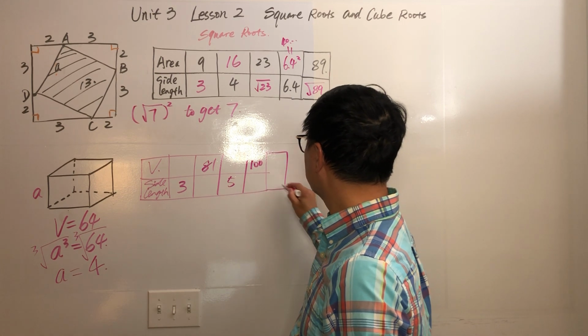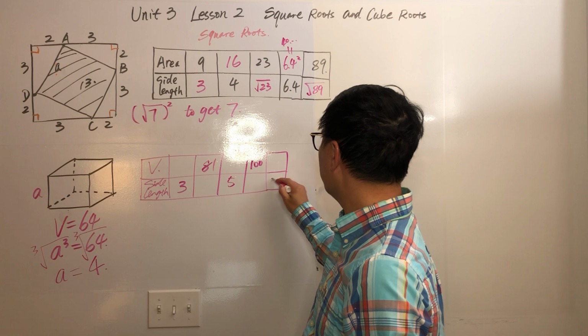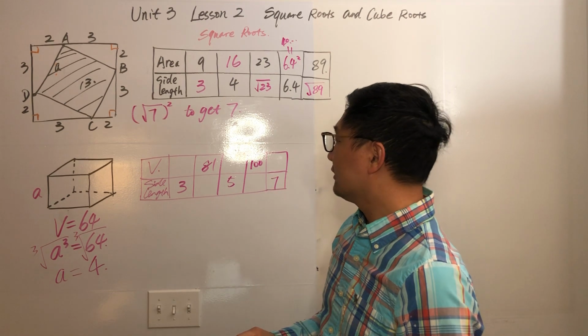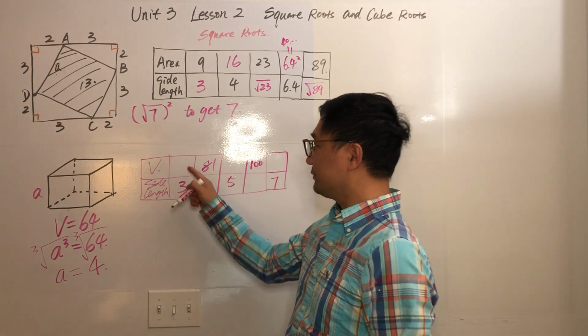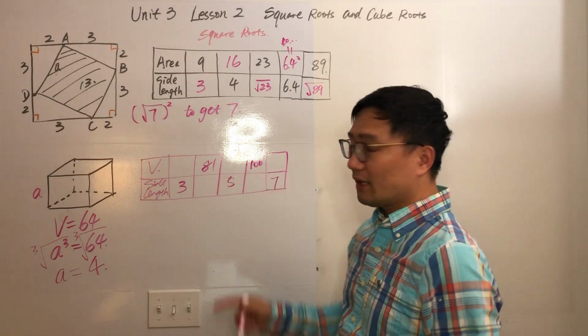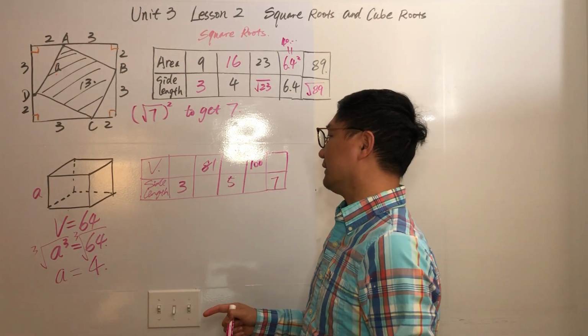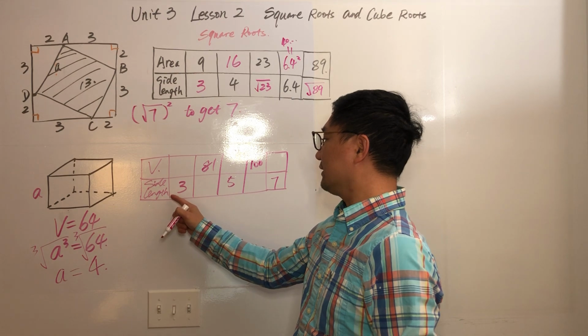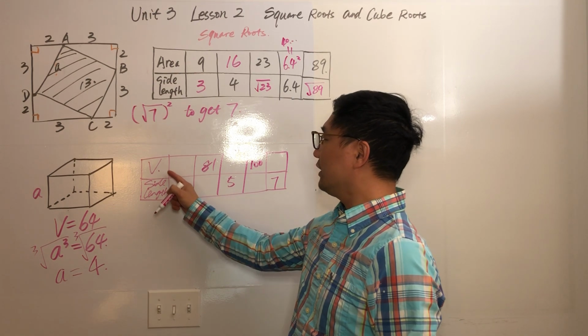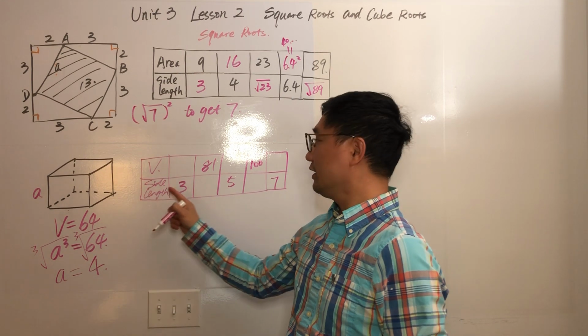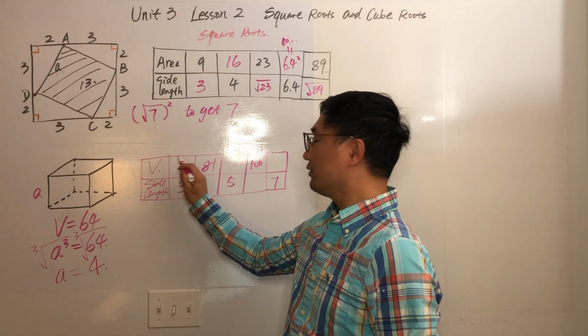Okay, I'll give you one more. If this is 7, so now how can we find the missing number in the chart here? If the side length is 3, what is the volume of the cube? It should be 3 to the third power.